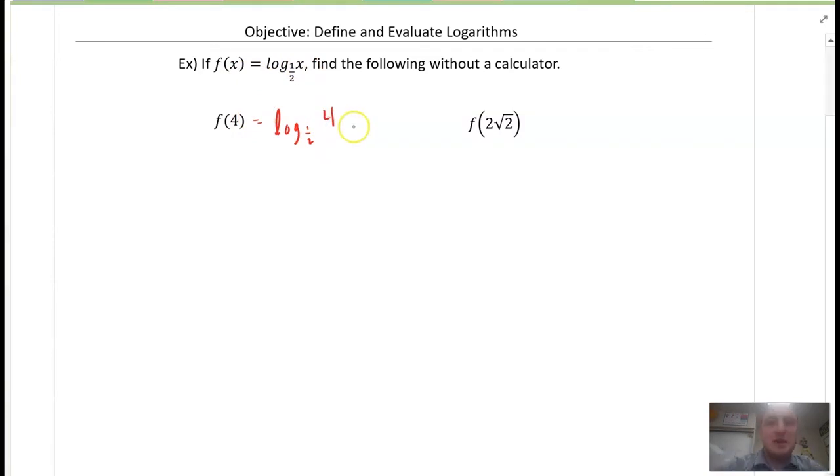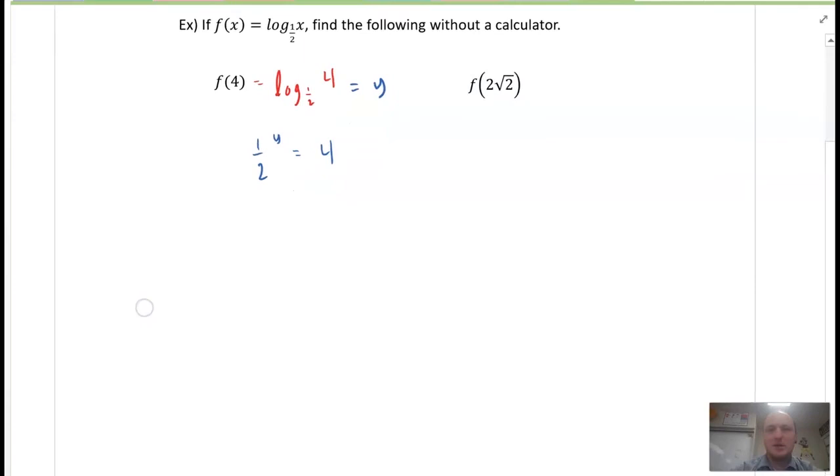So I'll set this equal to a variable. I'm going to use y just to not confuse the variables here, and then I'll rewrite these both as exponential. So I have 1/2 to the power of y is equal to 4, and they need to be the same base. So what I'm going to do is I'll use base 2.